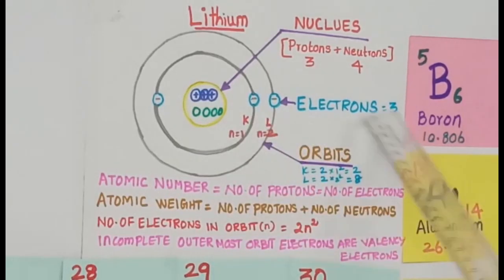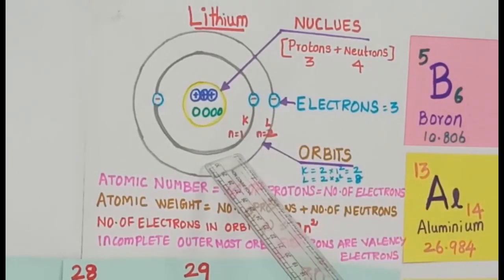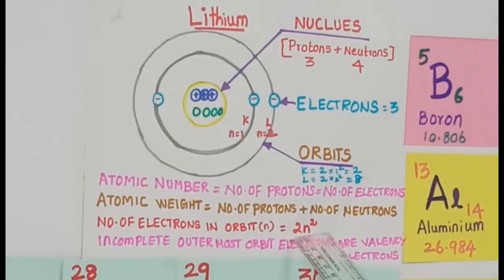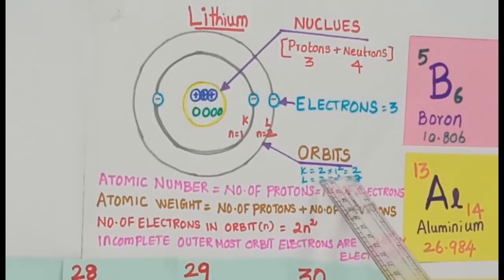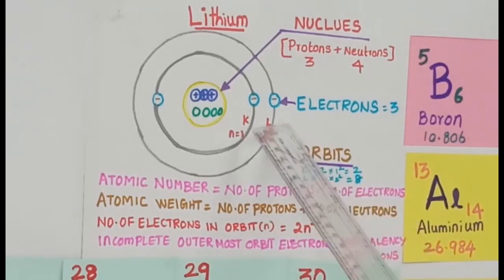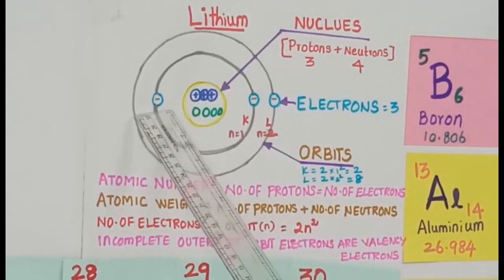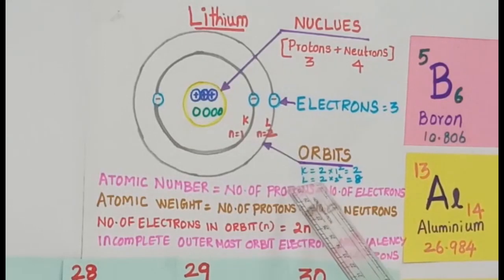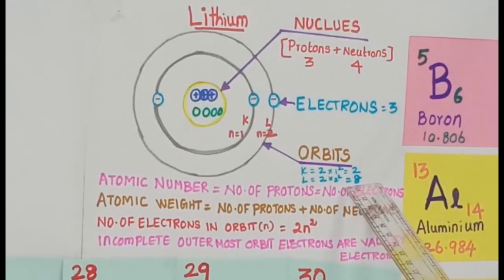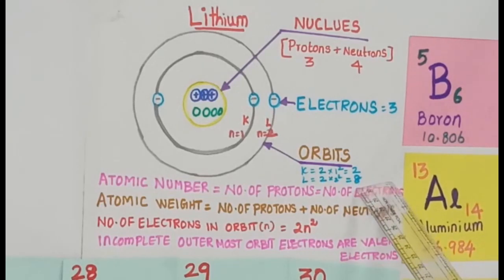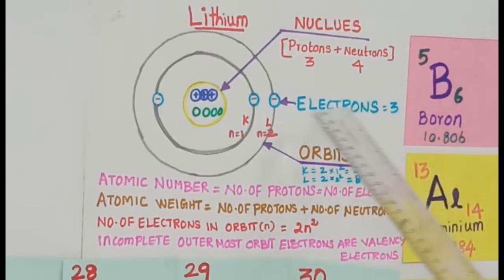So how many electrons does the first orbit have? If we use the formula 2n squared for the K orbit, substitute n, then we get 2 into 1 squared, which is 2 electrons. So the K orbit carries 2 electrons. For the second orbit, substitute n as 2, then we get 2 into 2 squared, which is 8 electrons. But how much balance is there for lithium? 1 electron.